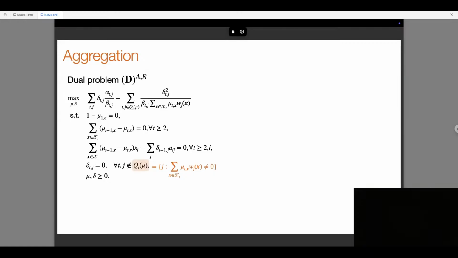The only unknown part here is the Q t mu set, denoting the summation of mu tx wj(x) over x that is not equal to 0.